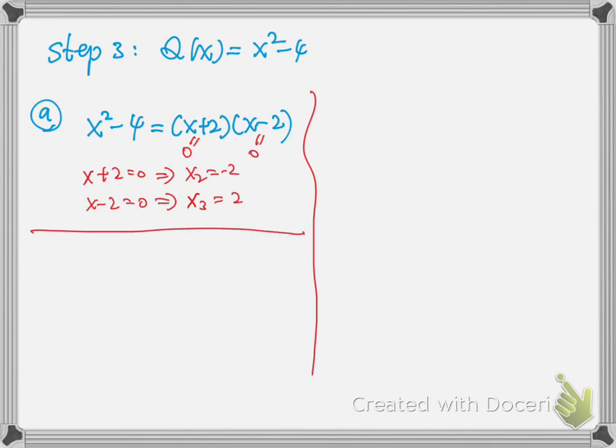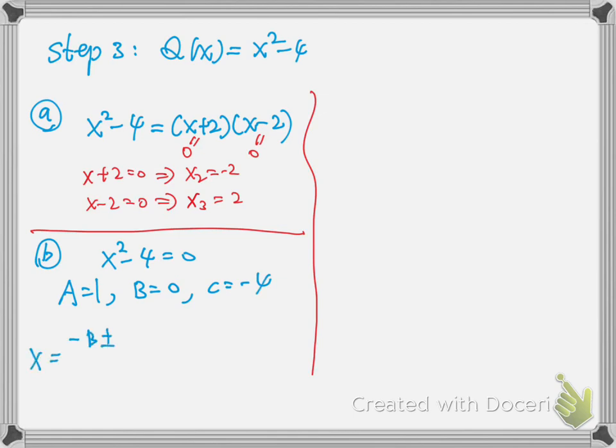Now method B to find x2, x3 is the quadratic formula. We know x squared minus 4 is 0. Then a is 1, b is 0, c is negative 4. Then you use the quadratic formula: x is negative b plus or minus the square root of b squared minus 4ac, divided by 2a.